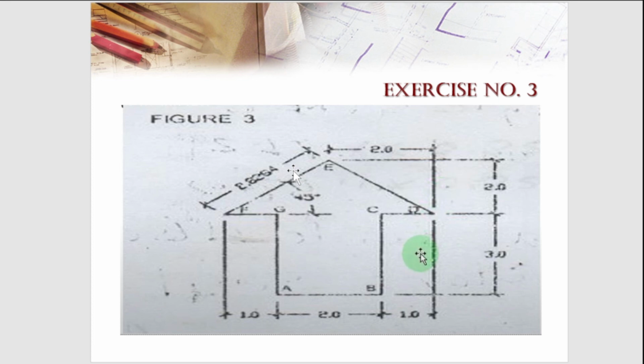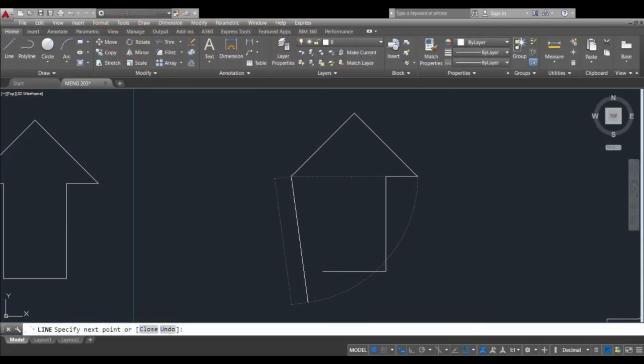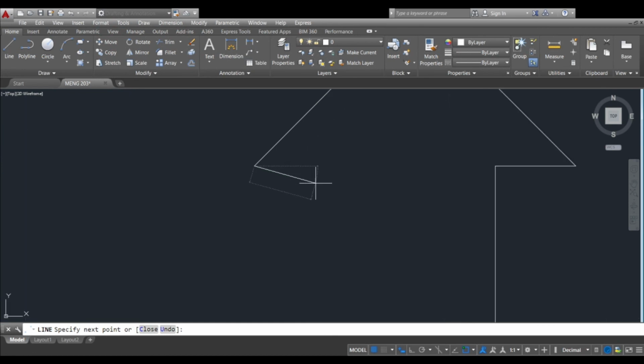Okay, so our coordinate will be 2.8284 angle 225. So that is your point F.